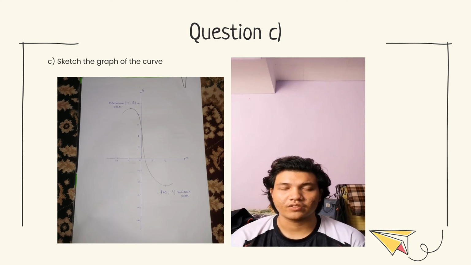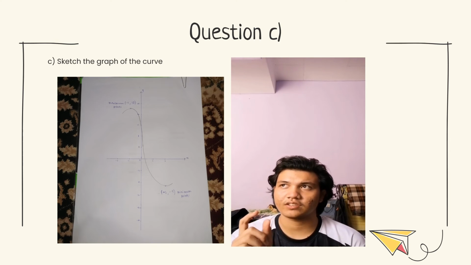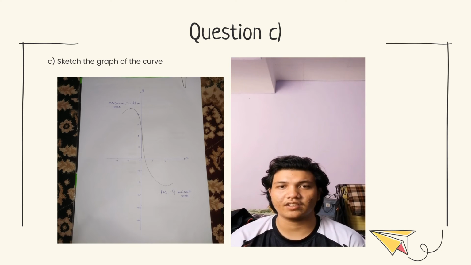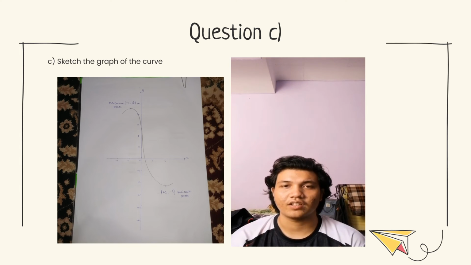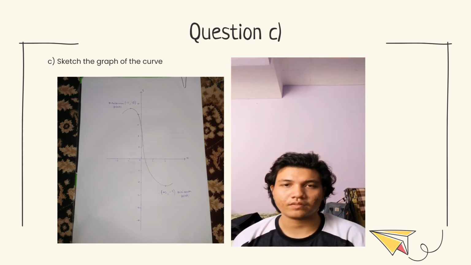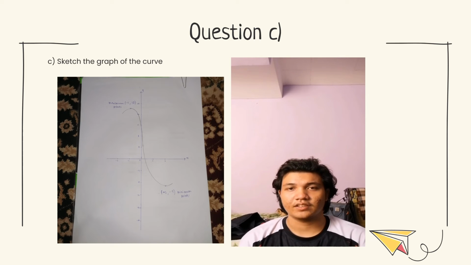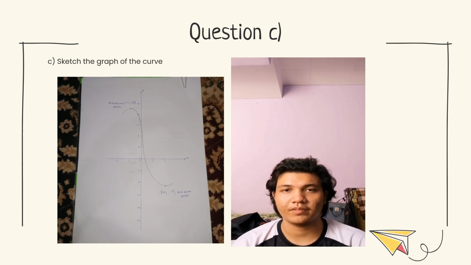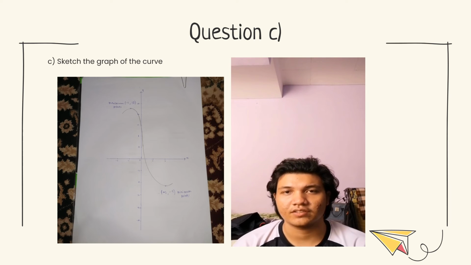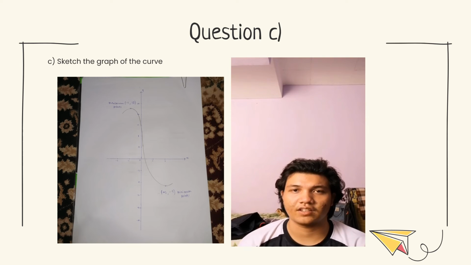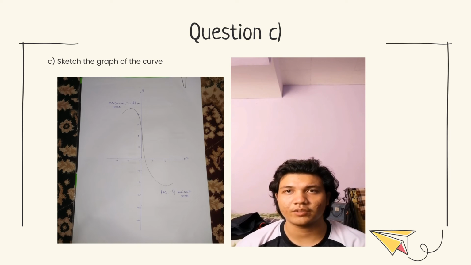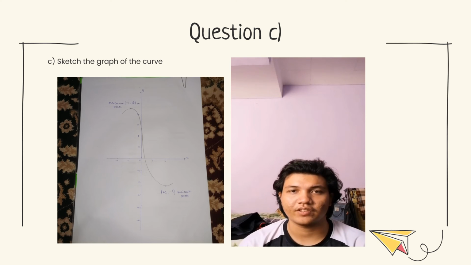After that, label the scale at the x axis with 2 cm equal to 1. Then the y axis is done the same way as the x axis, but you just need to change the scale, that is 2 cm equal to 4. You go 4, 8, 12, 16 until 20, and the negative side is also the same.